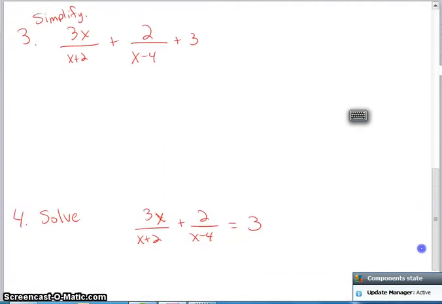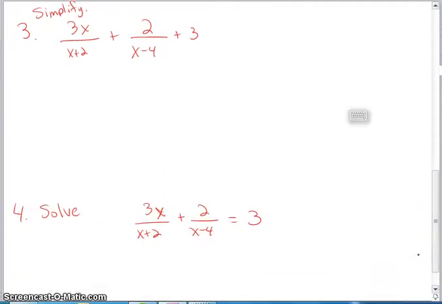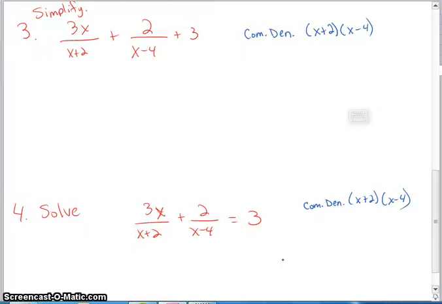Okay, let's try 2 more. Here I've got to simplify and I've got to solve. They look similar, but they're different. So in this case, I need to find the common denominator. Common denominator is x plus 2 and x minus 4. In number 4, you can also find the common denominator, x plus 2, x minus 4. They're the same common denominator.